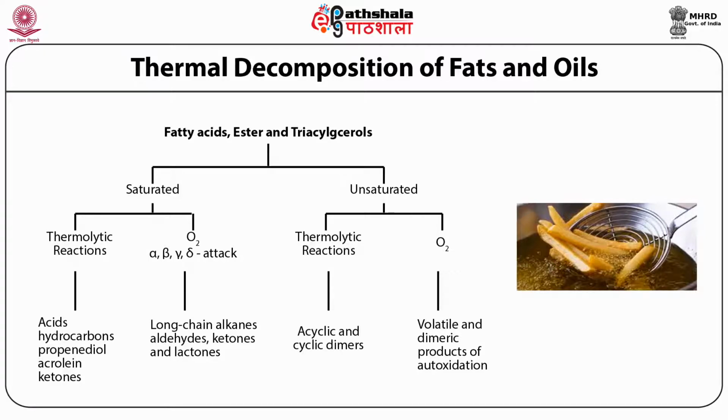And in the presence of oxygen, these saturated fats give long chain alkanes, aldehydes, ketones, and lactones. Similarly, the unsaturated fat after thermolytic reactions produces acyclic and cyclic dimers, and in the presence of oxygen they give volatile and dimeric products of auto-oxidation. All these end products give flavors which are known as rancid flavors.